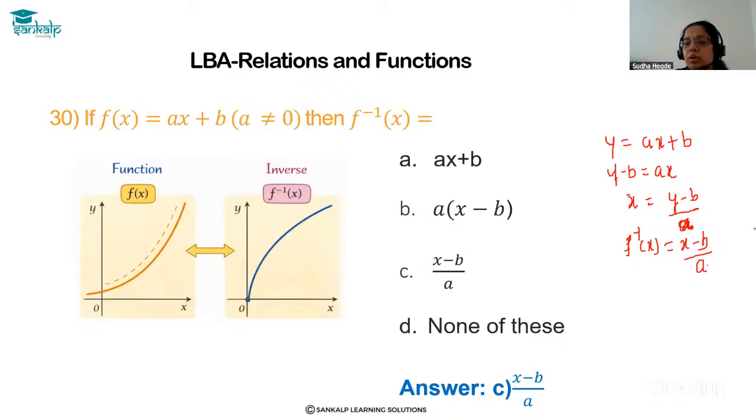So f inverse x will be x minus b by a. Here you are replacing y by x. Then you will get f inverse x. Therefore, f inverse x is equal to x minus b by a. So, which option is correct? Option C is the correct answer. Thank you.